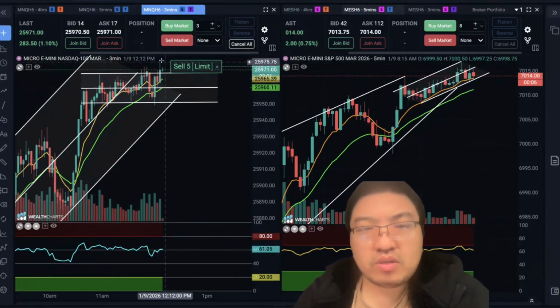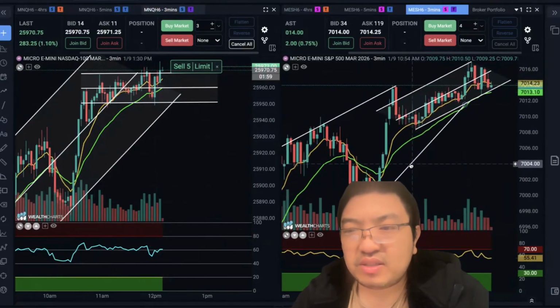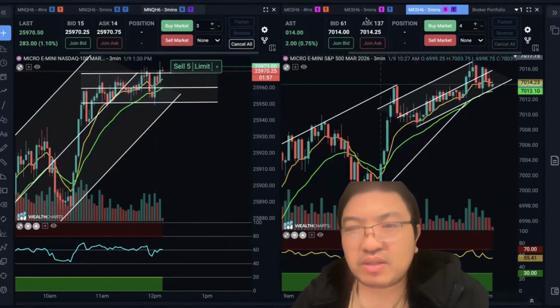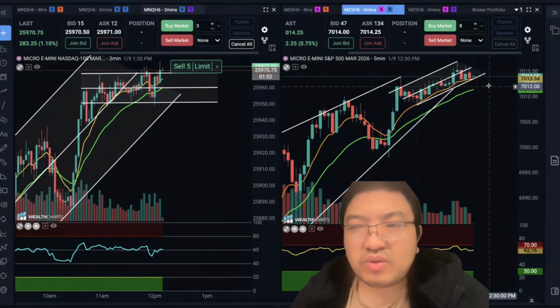This is still uptrend. I don't see any sign it gets downtrend. I only see from ES something, it goes down. It's trying to go down. Oh oh oh.